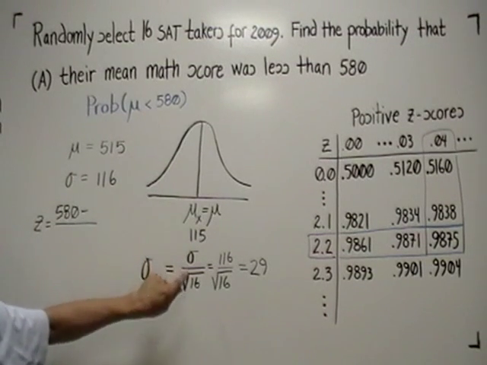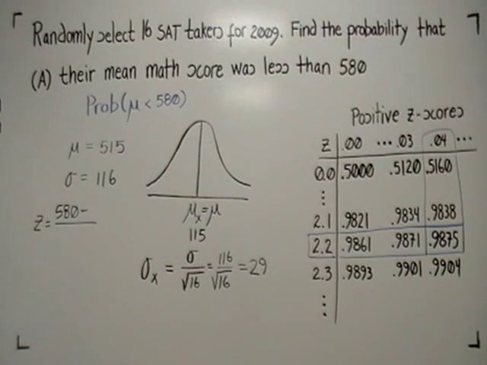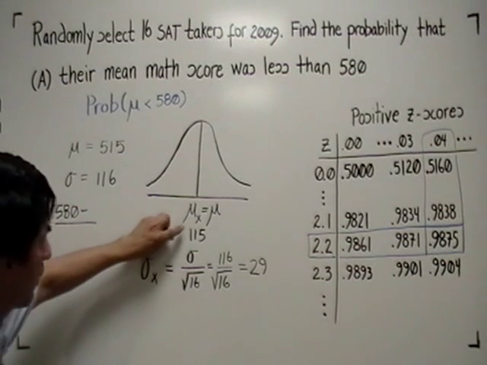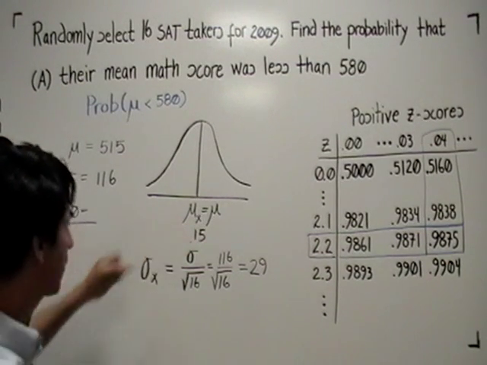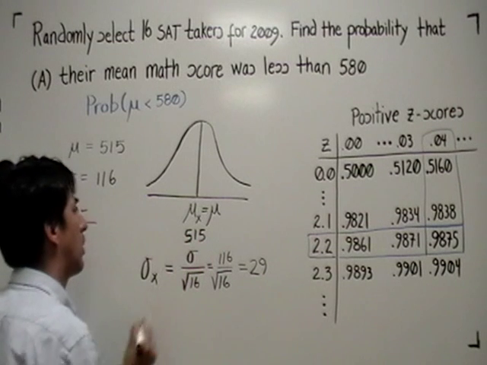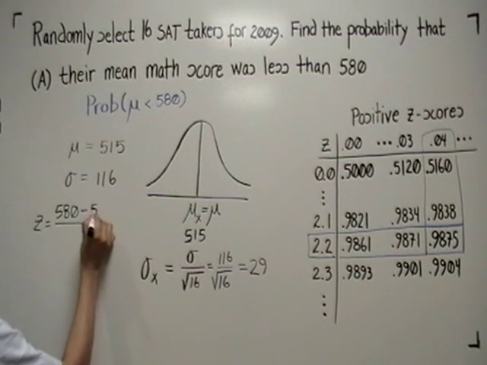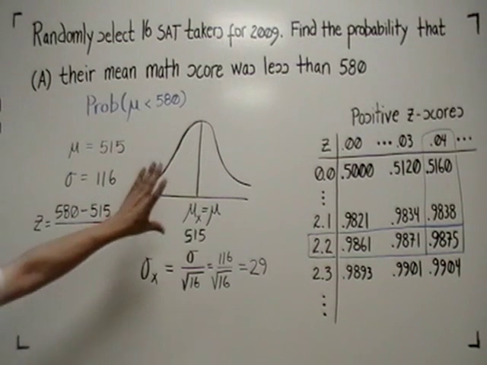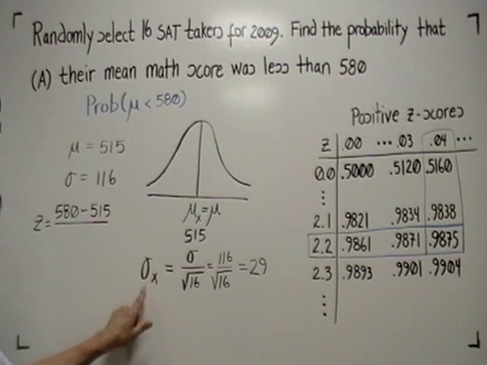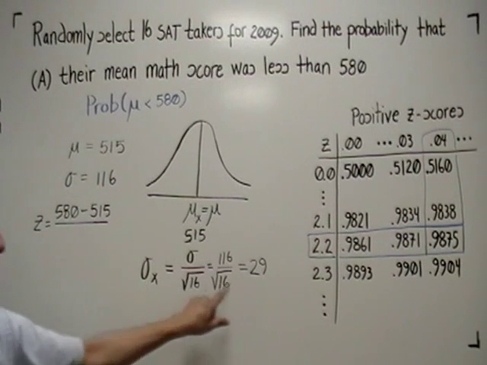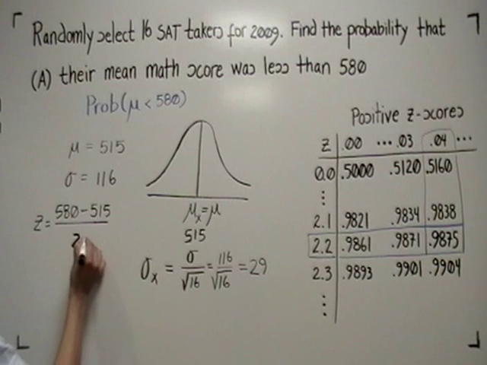The mean of that happens to be 515. This is not correct, it's 515, so I'm fixing it. The mean is 515, over the standard deviation of the distribution of the means, which we found to be 29.